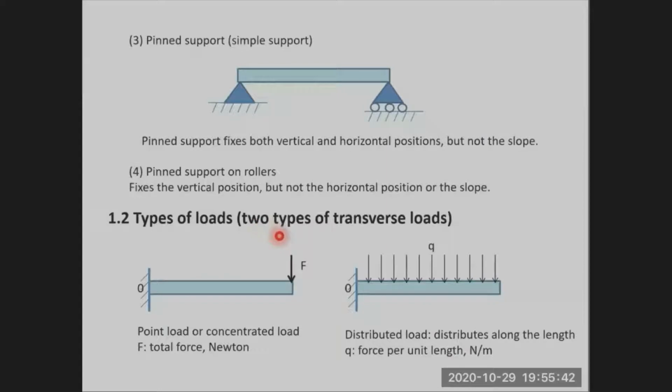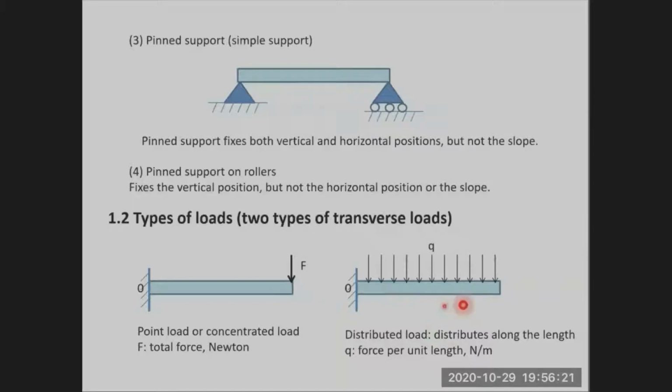Here we focus on transverse loads, and we are going to introduce two types. First is called point load or concentrated load. F, that's force F in Newtons, is applied to a single point of the cantilever beam. The force is concentrated at one point.